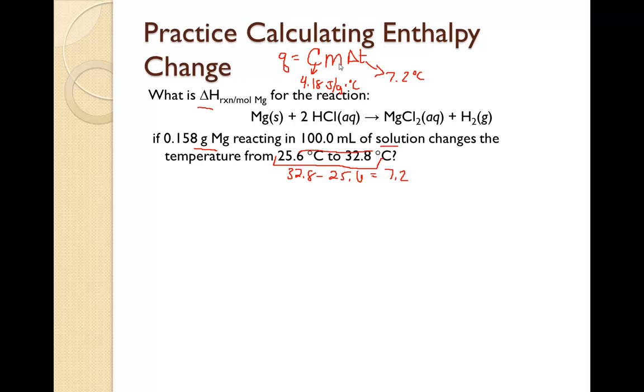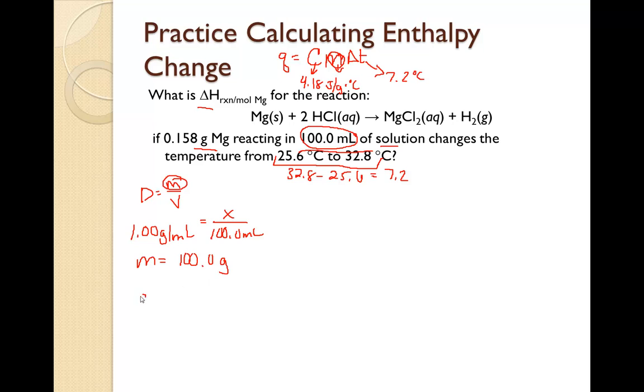Now the M, they give us 100 milliliters. However, because this is the M, we need the mass. So we're going to use the density is equal to mass over volume to figure out the actual mass. The density of water, since that is the primary solvent, is 1.00 grams per milliliter. That's going to be X over 100 milliliters, which means our mass is going to be 100.0 grams.